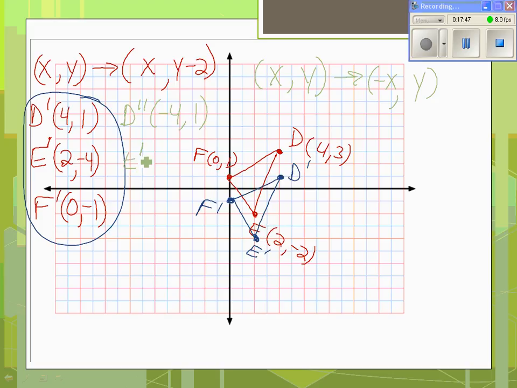E double prime is going to be (-2, -4), and F double prime is going to be, this is confusing me because the marker's not writing at the same time I'm drawing on the board. F double prime is just going to be (0, -1). So what's going to happen with F double prime? It'll stay right there. That's F double prime, (-2, -4) E double prime, and then (-4, 1).